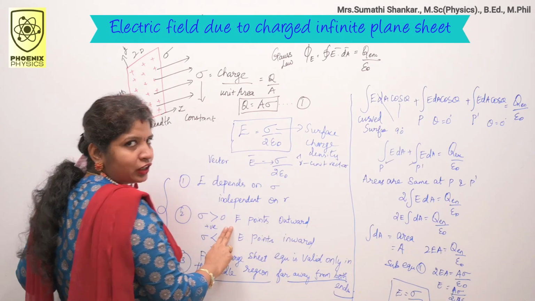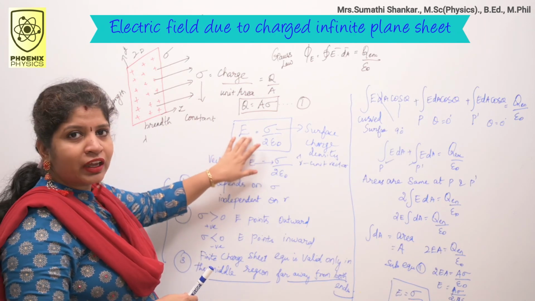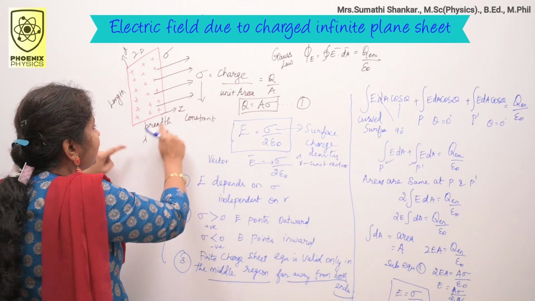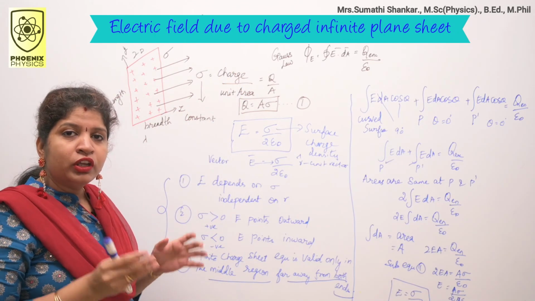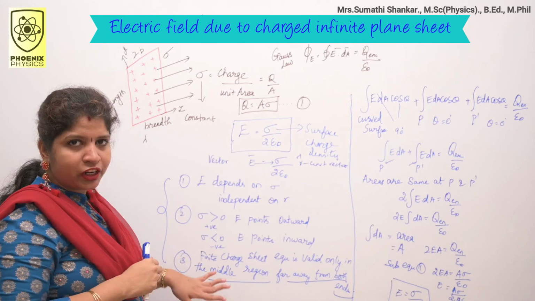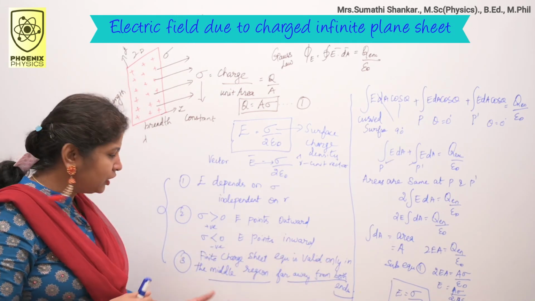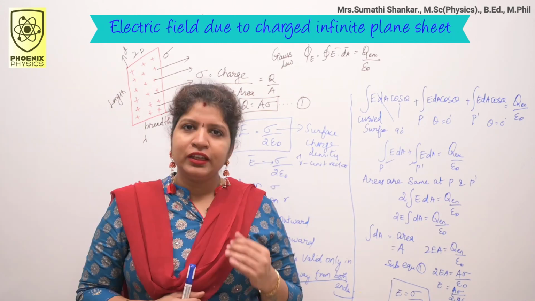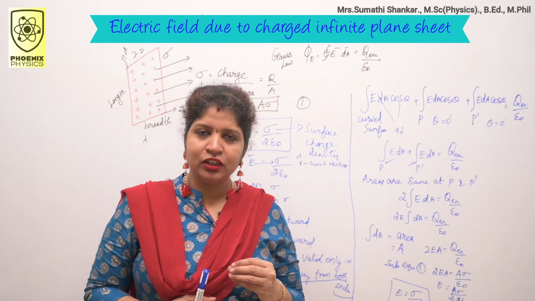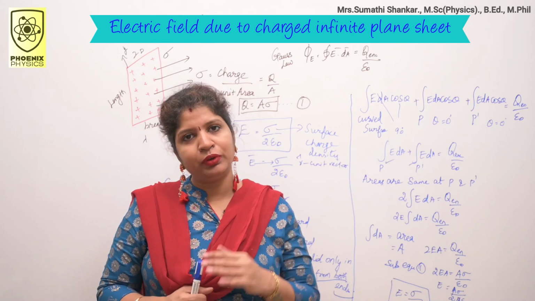This is our second conclusion. Third conclusion, this equation is valid for an infinitely charged plane sheet. If you have a finite plane sheet, this equation is valid only in the middle region far away from both the ends.